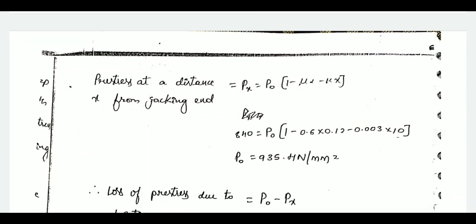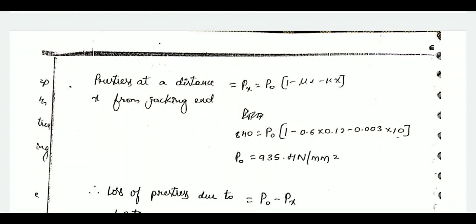Here we have one more equation in the same friction, that is Px equals P naught into e to the power minus mu alpha minus Kx. Again substitute all the values. Px is given, the unjacking end stress. So Px is the stress at any other place apart from the end where you are applying the tensile force, and P naught is the initial pre-stress which you are applying at the jacking end, or the end where you are applying the tensile force.